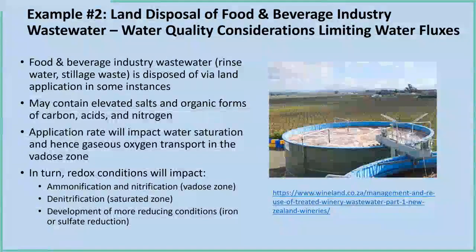However, the flip side of this scenario, again a rapid release of wastewater, is that you're having somewhat chemically reduced water that still contains dissolved organic matter entering groundwater, where undesirable conditions such as iron or sulfate reduction may occur that could impact drinking water taste and odor if somebody is using that groundwater for water supply.